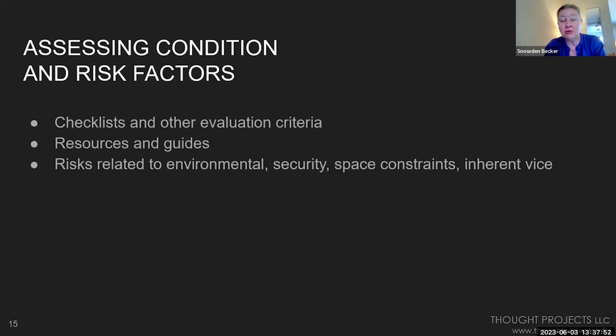You may be forced to deal with storing your materials in a place that is really leaky and has really bad indoor air quality, and you can't do anything about that on the best practices scale.